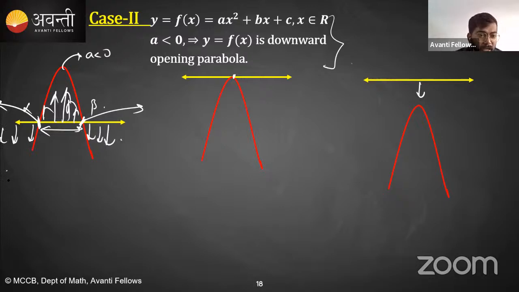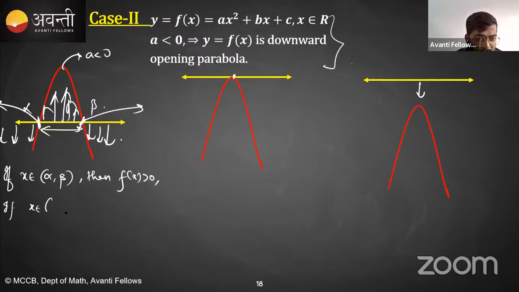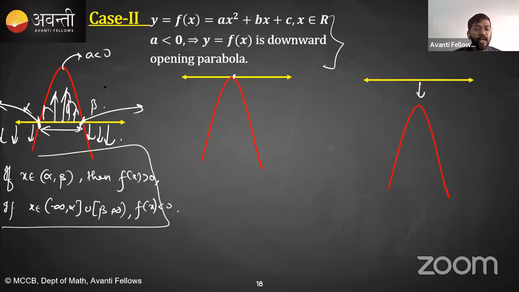So if x is an element of alpha to beta, then f of x is greater than 0, right? And if x is an element of minus infinity to alpha union beta to infinity, f of x is less than 0, correct?